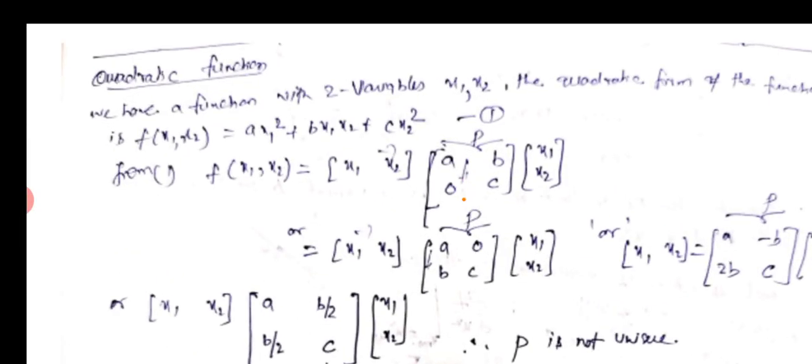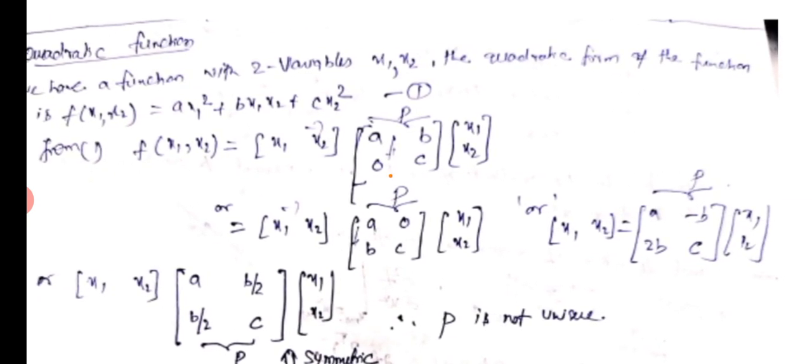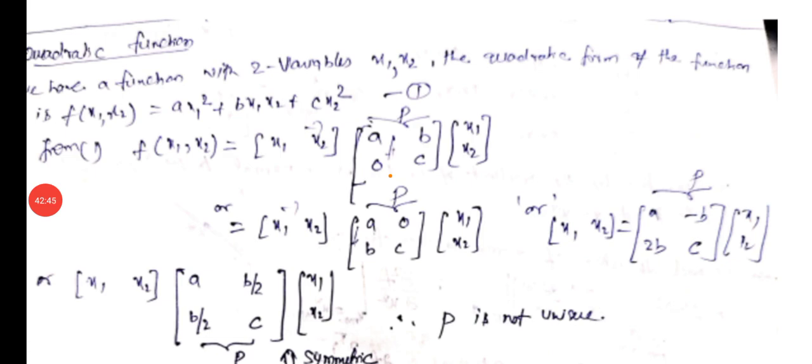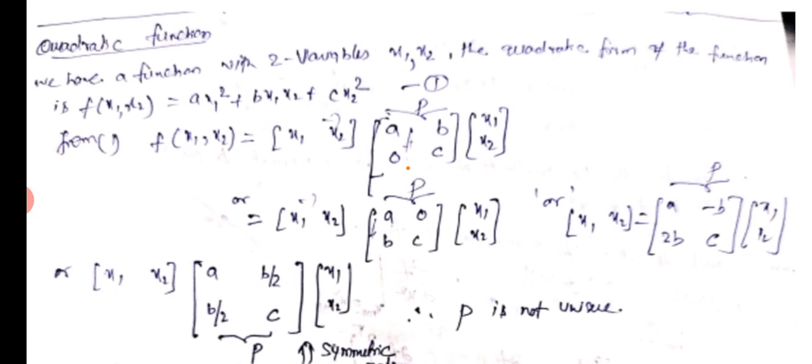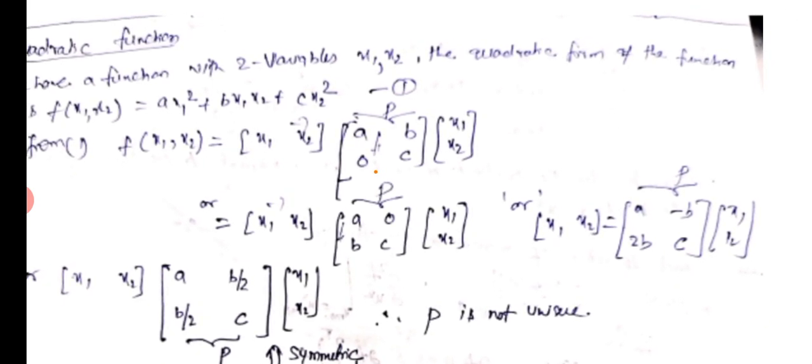Let's say f is a function of two variables, x1 and x2, and f(x1, x2) equals a x1 square plus b x1 x2 plus c x2 square. This is the quadratic form, the quadratic equation written here.